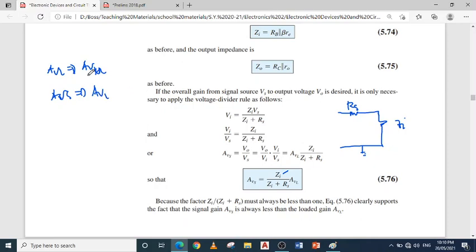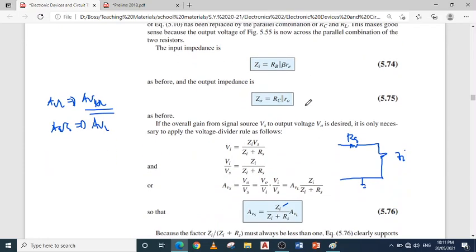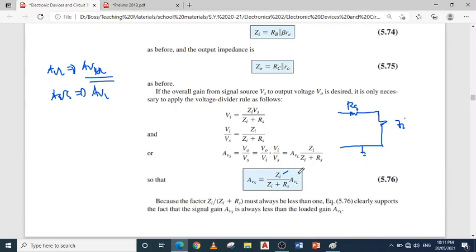So, you need to compute AVNL first to solve for AVL. That is on a case-to-case basis. But this one is direct: to solve for AVL, just take the parallel combination of RC and RL divided by RE. Just take note of this. It is like a voltage divider.